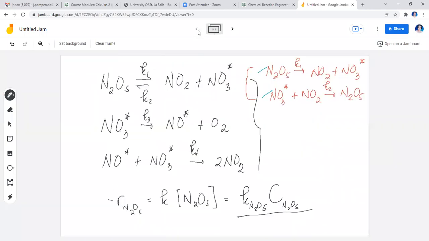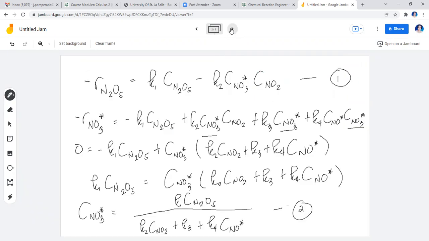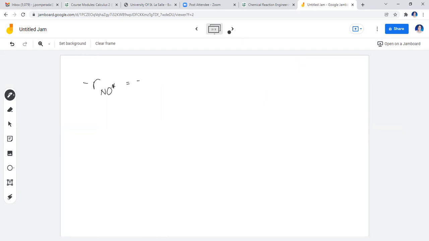So we will go back to our mechanism and check in which particular reaction nitrogen oxide appears. It doesn't appear here, doesn't appear here. It appears in the third and in the fourth reaction. So in here, it appears as a product. So I will write negative for the starting term because I considered nitrogen oxide as a reacting species. So K3 and NO3, but that would be negative. So I'll place here negative K3 concentration of NO3 asterisk.